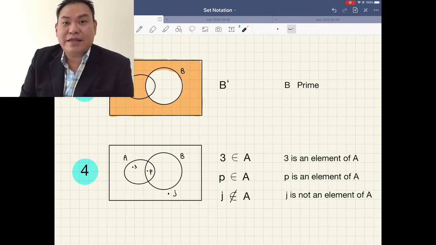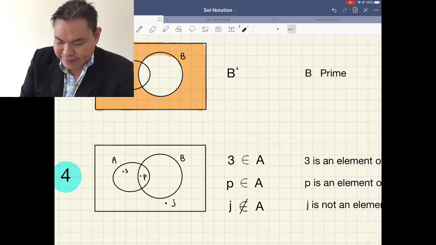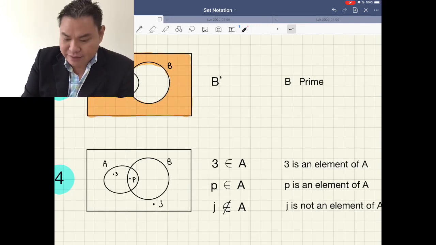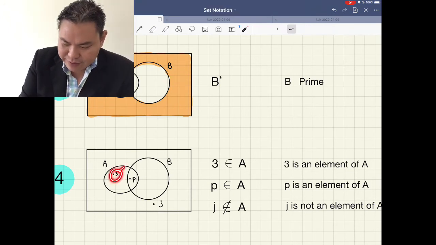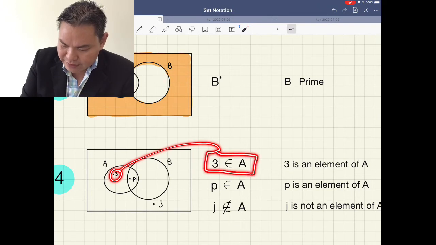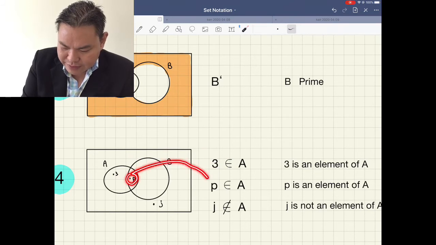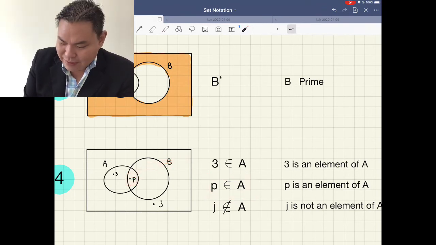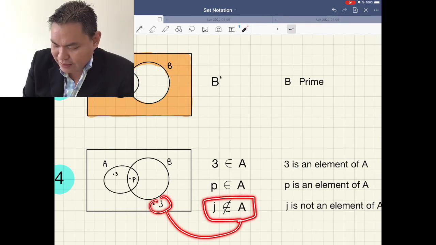This is explaining about element. Let's say 3 is an element of A. You see here, 3 is inside A. So that's why we say 3 is an element of A. P is also inside A. That's why we say P is an element of A. J is not inside A. J is not a member of A. That's why we put the notation here.